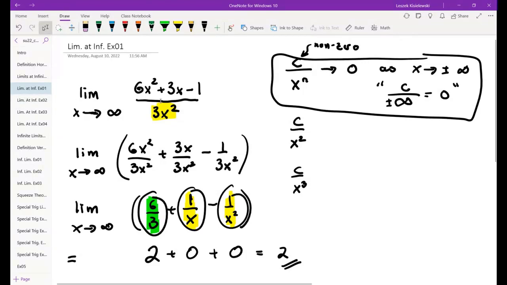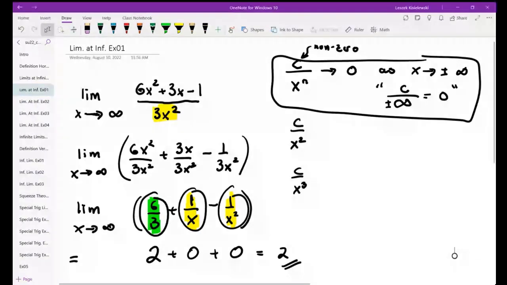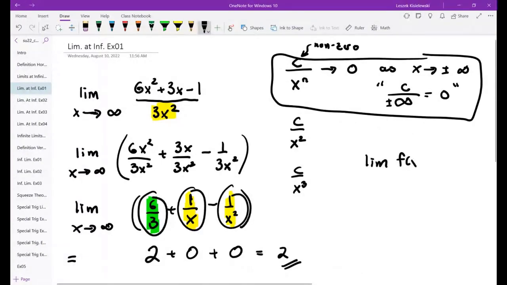Since the limit of our function as x goes to infinity is a finite number, we say that y equals 2, a horizontal line, is a horizontal asymptote.